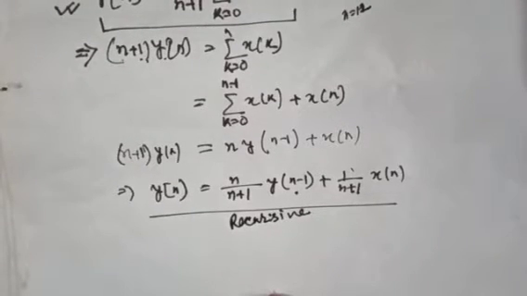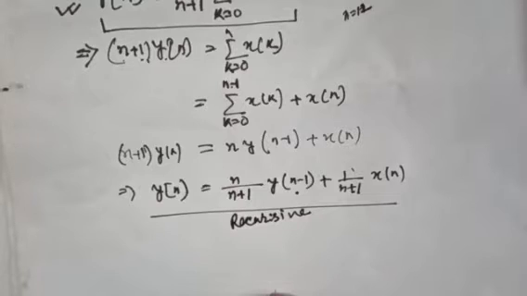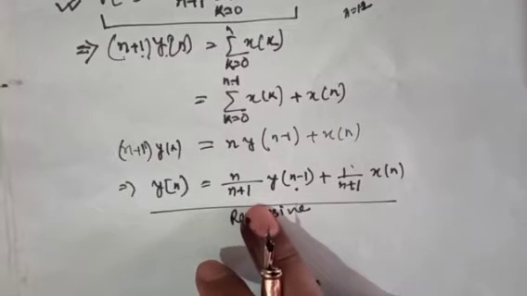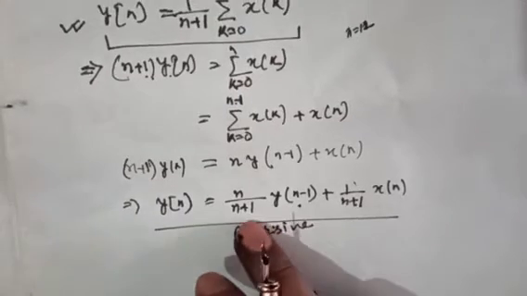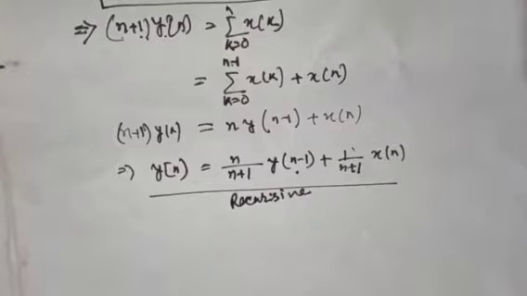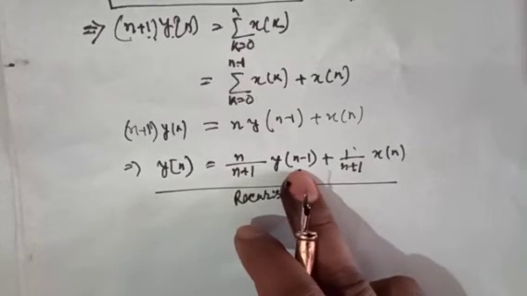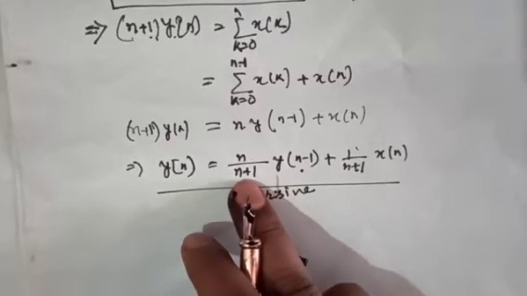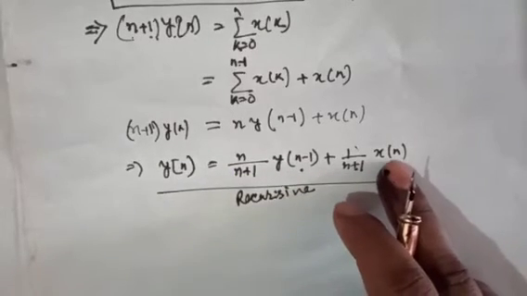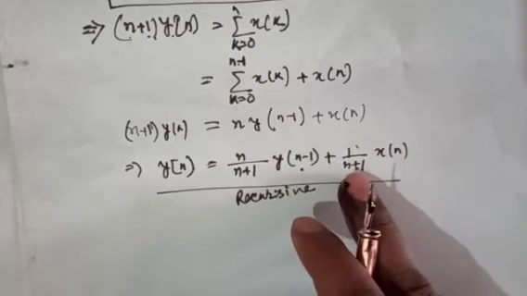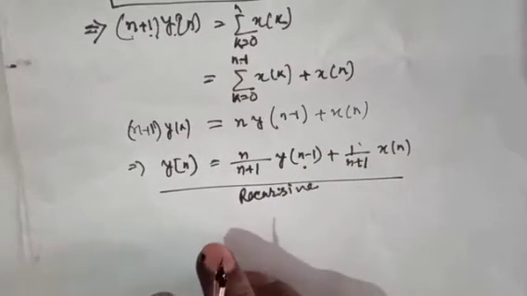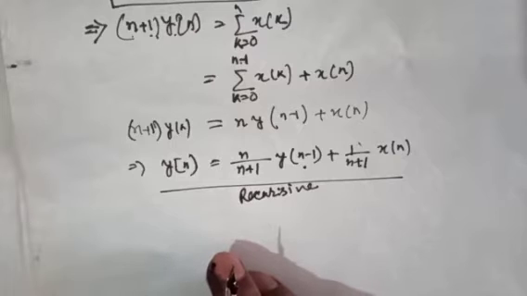Now the cumulative average can be determined by multiplying the previous output y of n minus 1 with n by (n plus 1), then multiplying the present input by 1 by (n plus 1), and then adding them together.